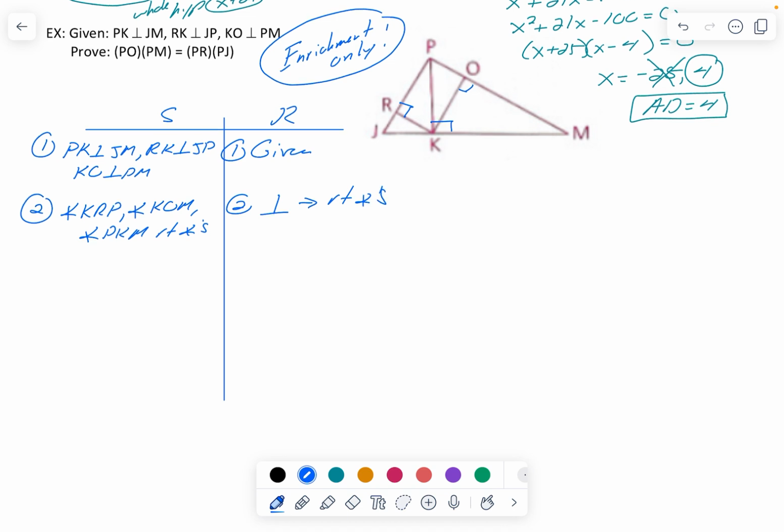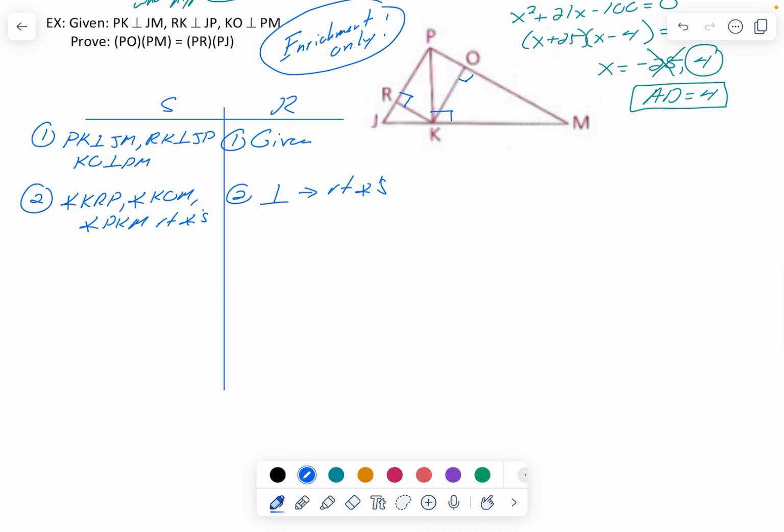And because they are all right angles, we have our similar triangles. Let's take a look at what we have here. PO is this piece, PM is the whole thing. PR is that piece, and PJ is this whole thing.